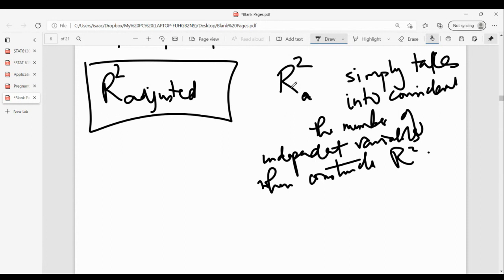Anytime you are doing a multiple linear regression, what you look at is R squared adjusted, and this is computed using information from the number of variables. So this kind of reduces or brings R squared under control.